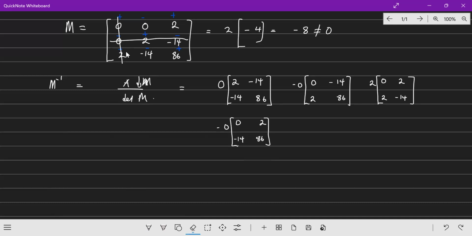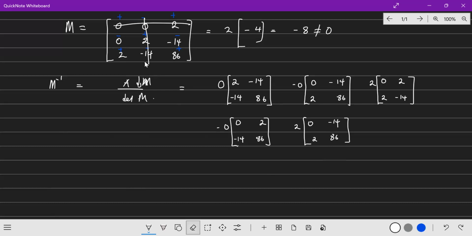Similarly, you are going to do the same thing for the 2 here, right? Oh, what have I done? For the 2 there, right? So you have positive 2. And then again, you form its cofactor, right? So cover this, you have 0, negative 14. Okay, 2, 86 there, right?